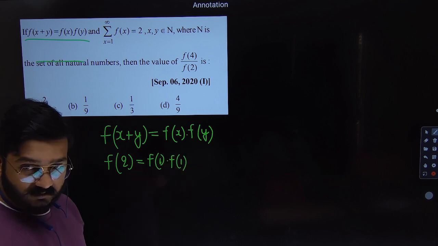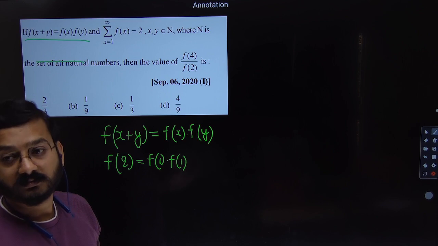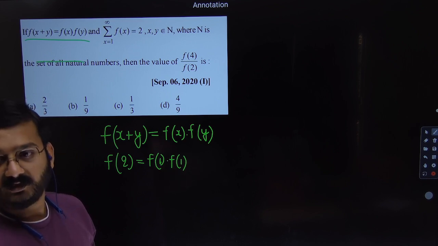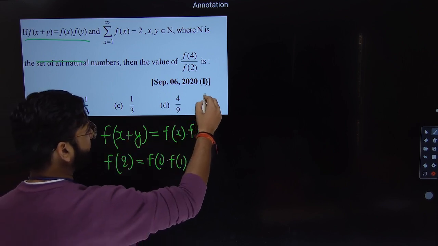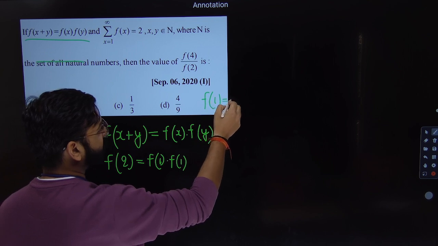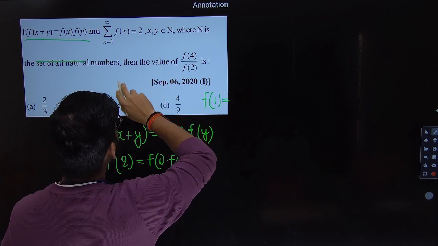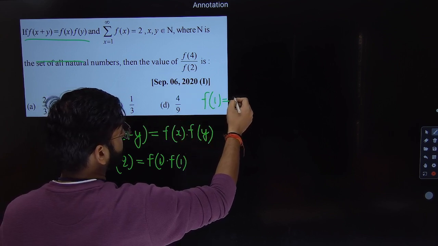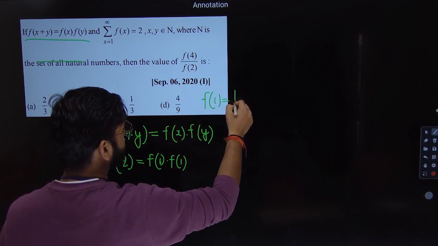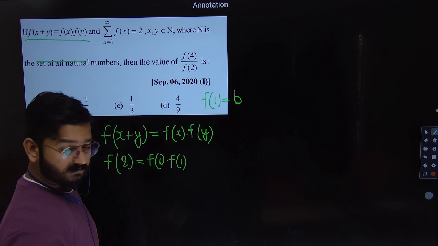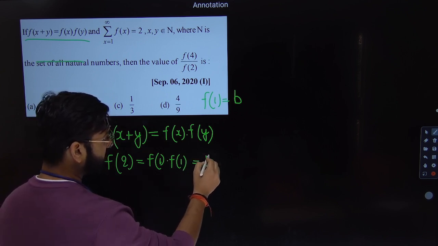Is f of 1 given to us? If it is not given, I will assume something. Let's take f of 1 as a, b, c, anything. Suppose, is a used here? No, right? So let's not use a, let's use b. So this will be b square.